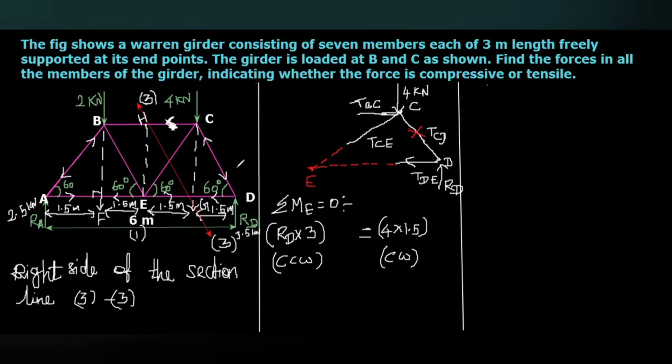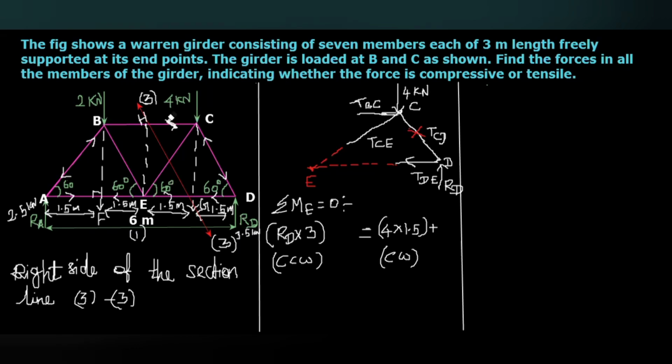So the moment made by the tension, that means the force in the member BC, should be clockwise, then only it can balance the counterclockwise moment, because RD is 3.5, and 3.5 into 3 will be 10.5. So to balance the extra counterclockwise moment, TBC multiplied with the perpendicular distance EH should be clockwise.